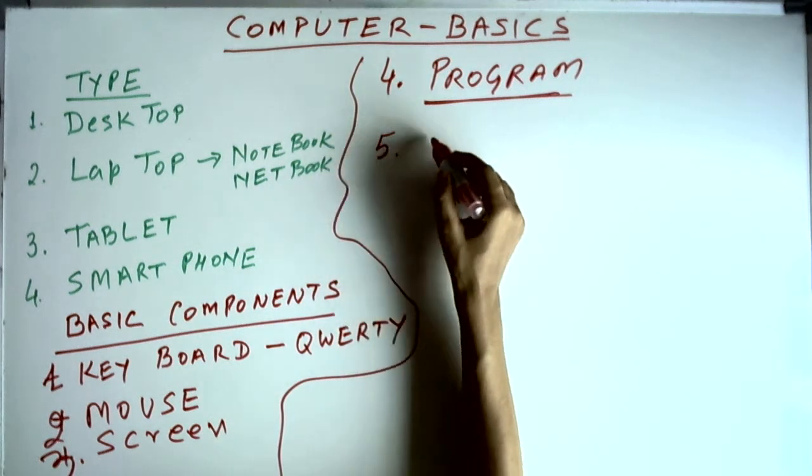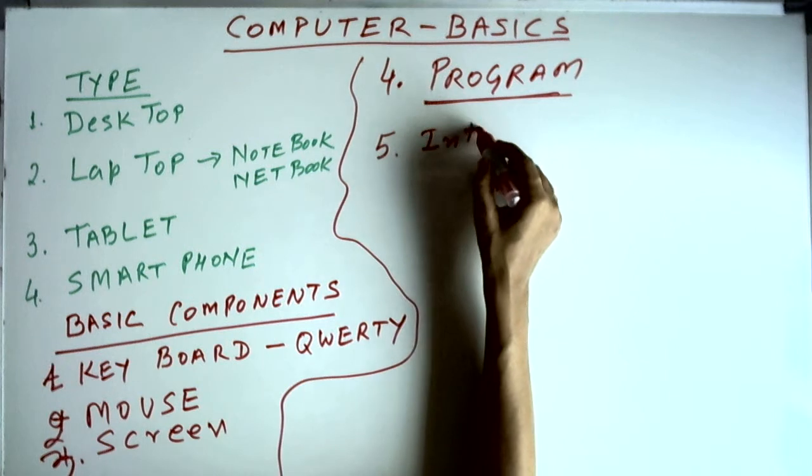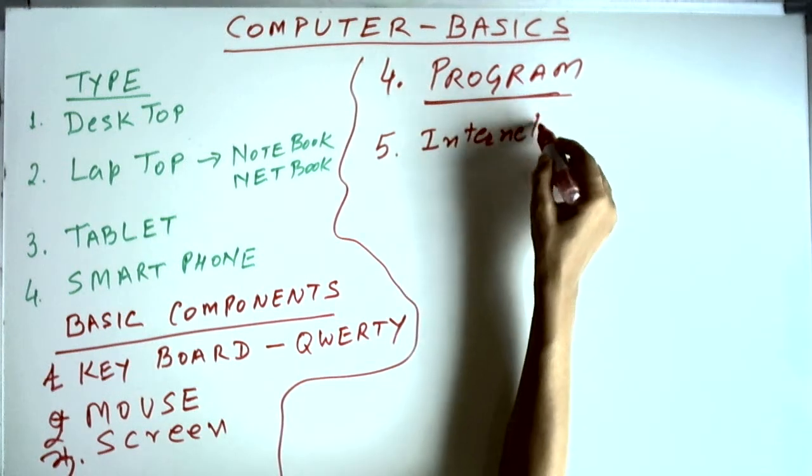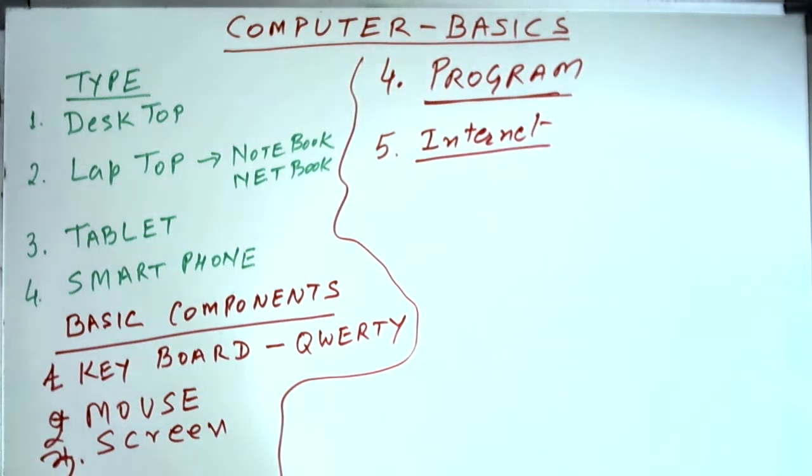And last but not least, you require the internet. This is like a telephone connection which you need, and companies like Airtel, MTNL, Reliance, and BSNL provide the internet connection. It could be permanent, a 24-hour internet connection, or a connection where you pay as much as you use.